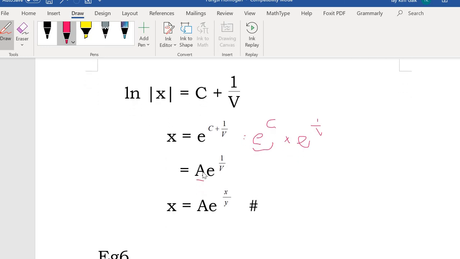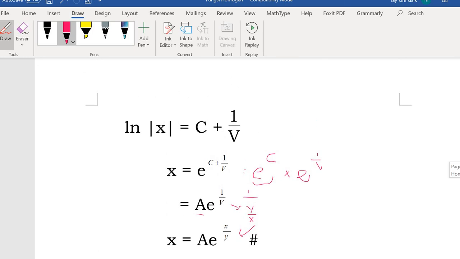So x is equal to a e^(1/v). Lastly, you replace v, which is y over x. So you have 1 over y over x, which becomes x over y.